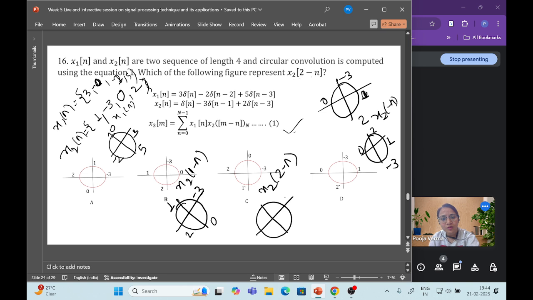So here it will become 0, minus 3, 1, 2, right? They have simply asked which figure represents x2 of (2 minus n). So which option will be the correct one? Here option B, it is matching with 0, minus 3, 1, 2. So this option will be the correct one.